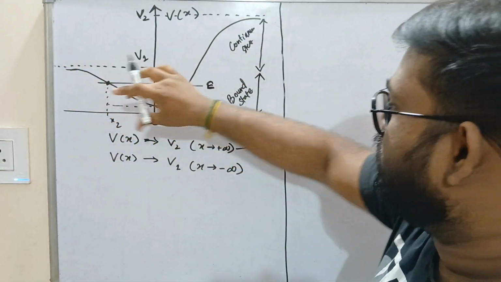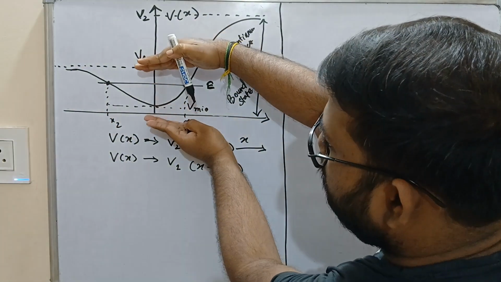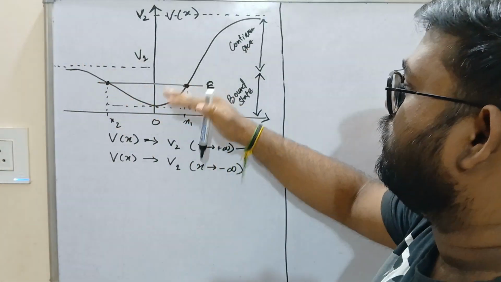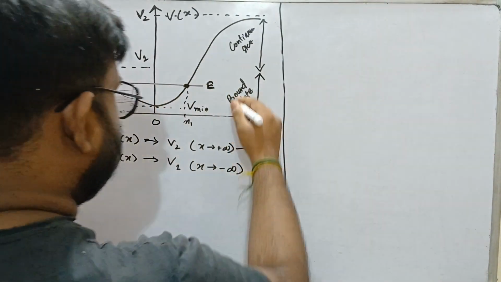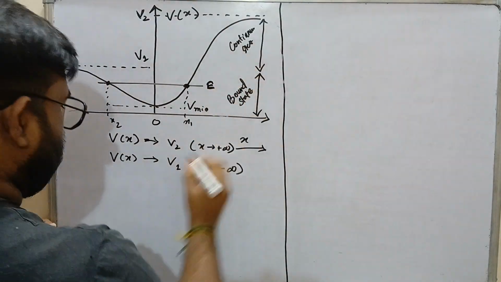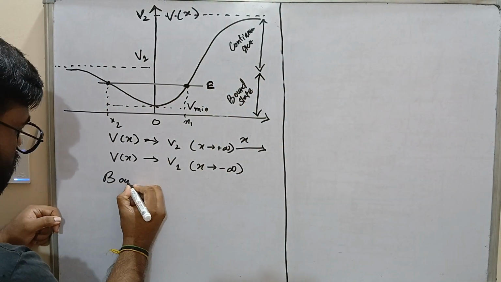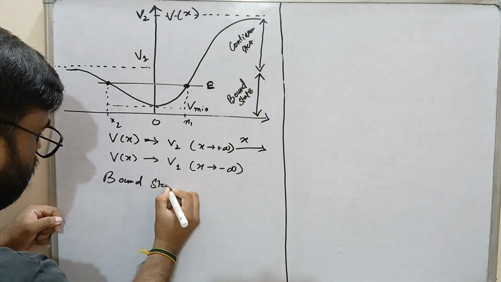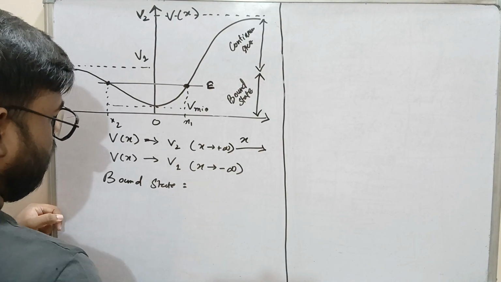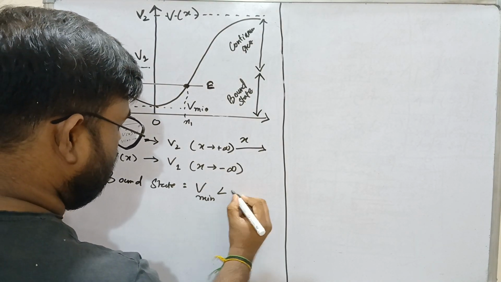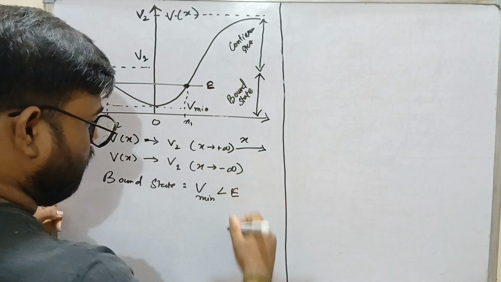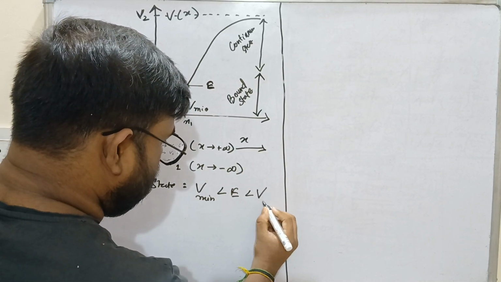When a particle is in this state, we call it a bound state. Basically, a bound state is defined when V minimum is less than E, the energy of the particle, and E is less than V1.